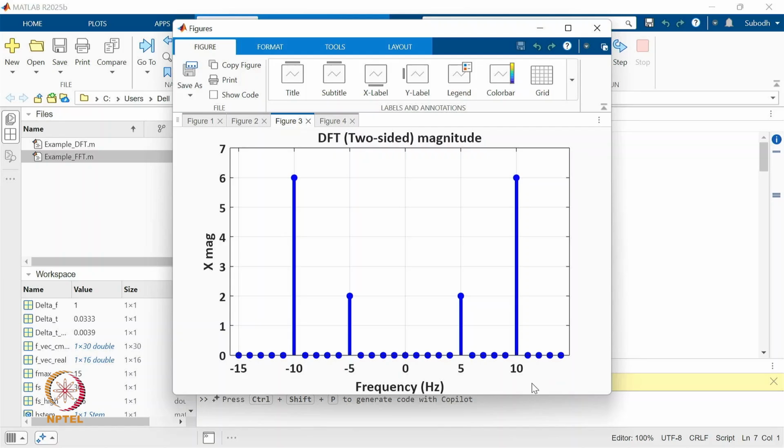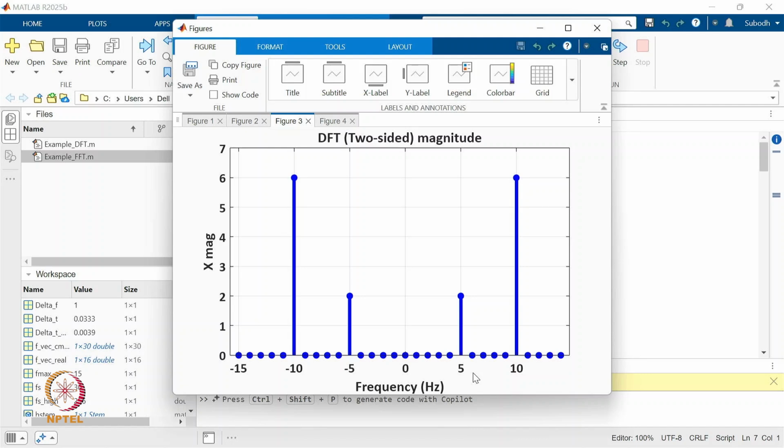What we also note is that if you remember the signal that was given, it had two frequency components, one at 5 Hz and the other at 10 Hz, and very correctly the DFT has identified these two frequency components, right. The rest of the components have 0 magnitude, which means they are not present in the original signal, which is true.